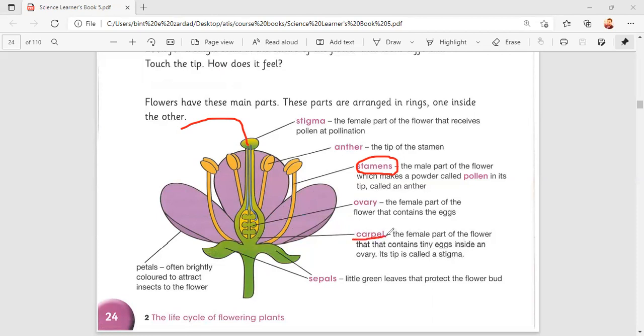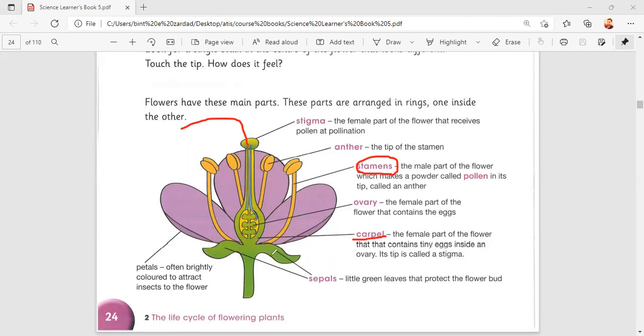The complete name is carpel. Inside the carpel there are four further parts: stigma, the upper part; style, the tube; ovary, which contains eggs; and inside the ovary there are ovules. So the complete name for the female part is carpel, and for the male part, stamen.